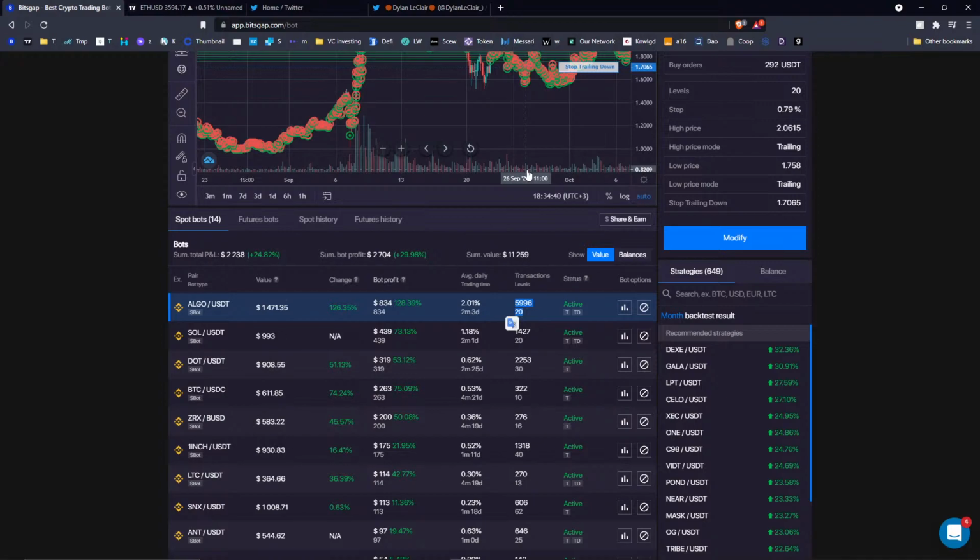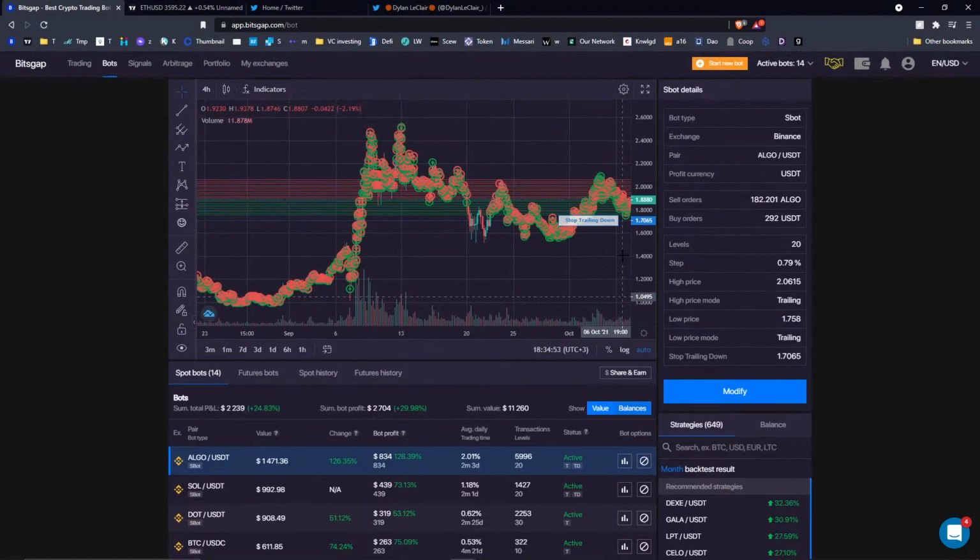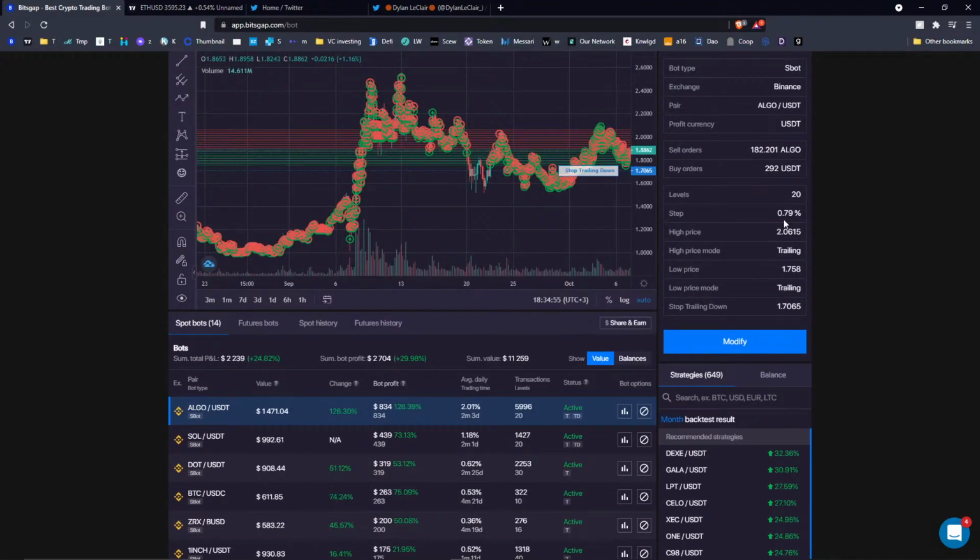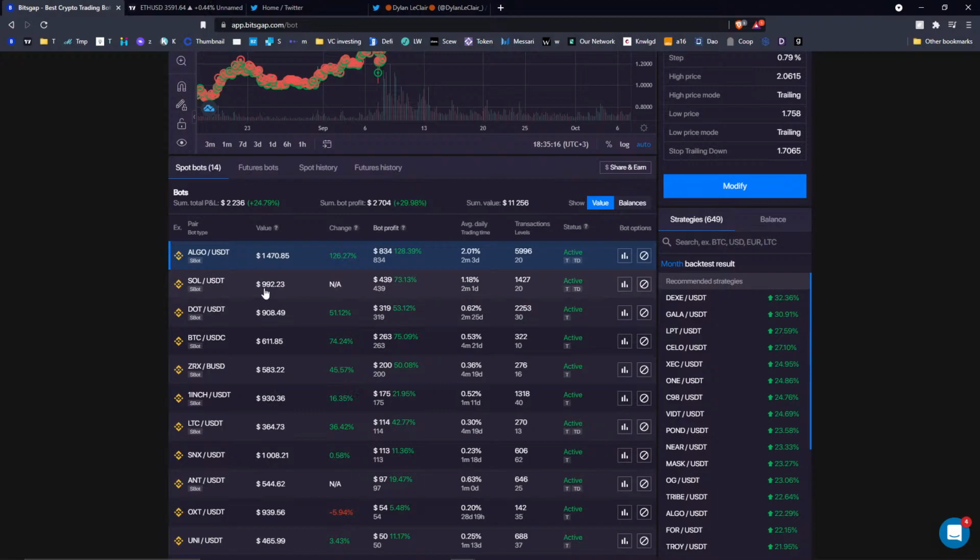It still requires you to memorize some key metrics that you use. Most of them you can always find in the history or here in the configurations. But I just remember that my key range is from 0.8% for the grid step to 1.5%, and usually that implies having from 20 to 30 grid levels in general to achieve this performance that I have for Algo, Solana, Dot, Bitcoin.